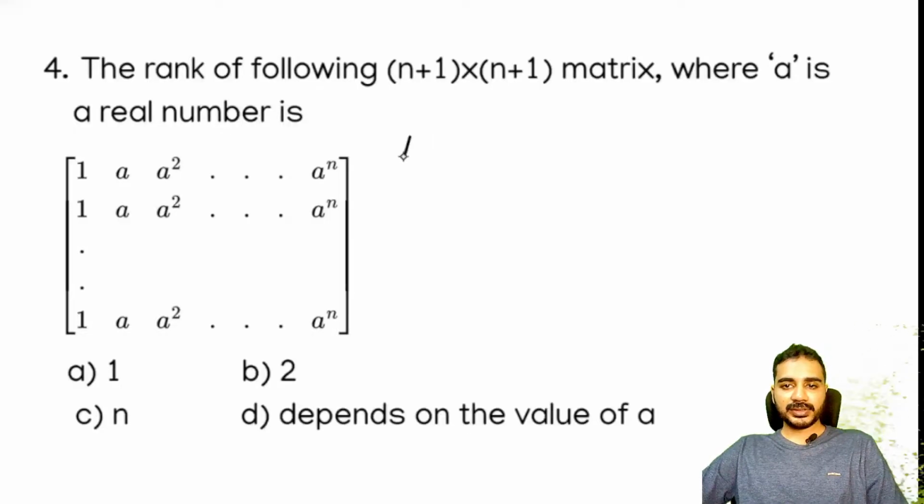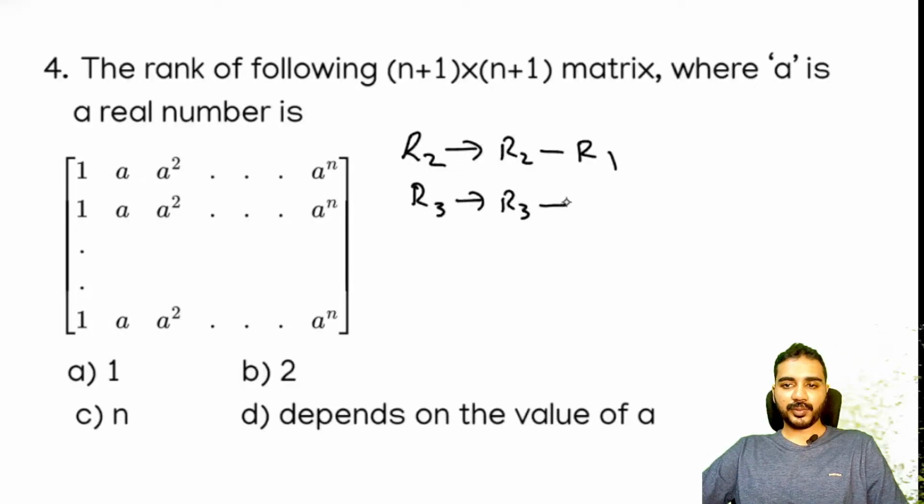That is, we can write R2 as R2 minus R1, R3 as R3 minus R1, up to Rn plus 1 minus R1.